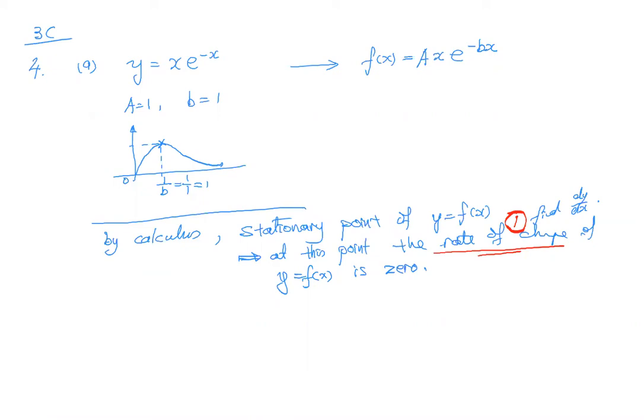So when I say nature, this is local maximum. That is called the nature. Can or not? Are you okay? Yes. Do I need to differentiate for you to see?